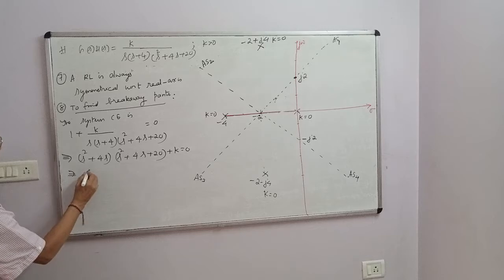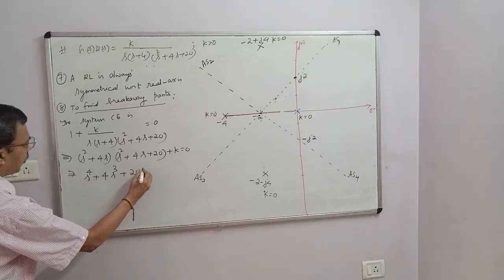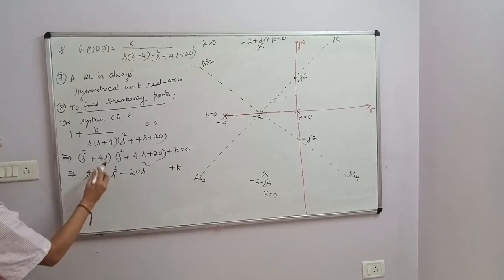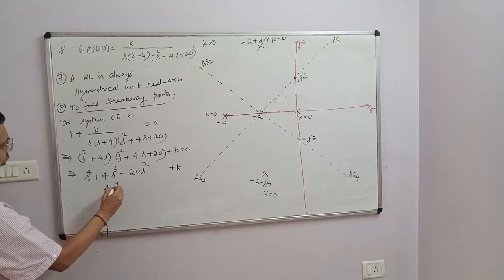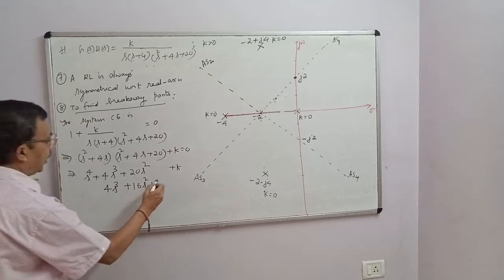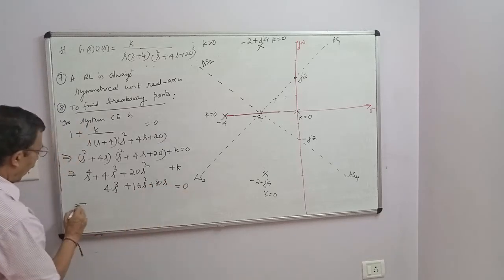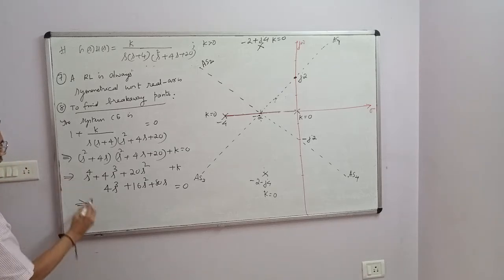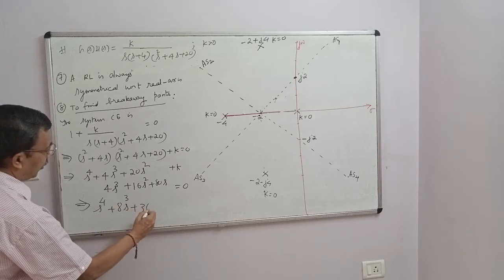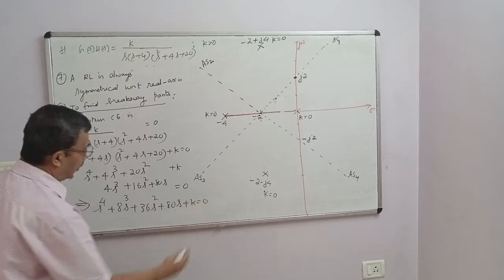Remove the brackets: s to the power 4 plus 4s cube plus 20s square. Multiply by 4s now, you get 4s cube plus 16s square plus 80s plus k. If you add, you get s to the power 4 plus 8s cube plus 36s square plus 80s plus k equal to 0.